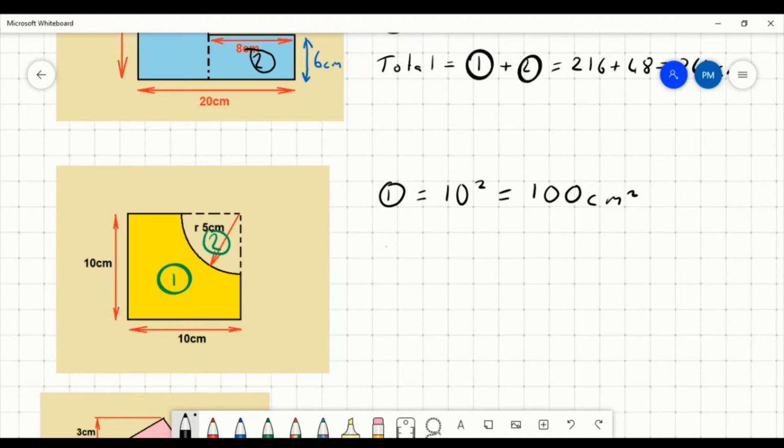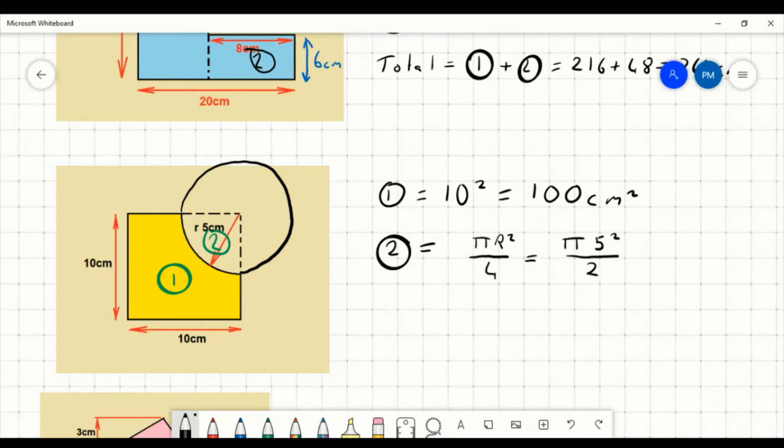So area 2 is going to be, now, this is a quarter. If you think about it, we have the whole circle here. This is just a quarter of it. So all we do is find the whole circle area and divide it by 4. So we're going to find the whole circle area, which is pi r squared, and divide that by 4. So we're going to have pi, and you can see the radius here is given as 5. So 5 squared divided by 4, and that's going to equal 25 pi divided by 4, which is equal to 6.25 pi.